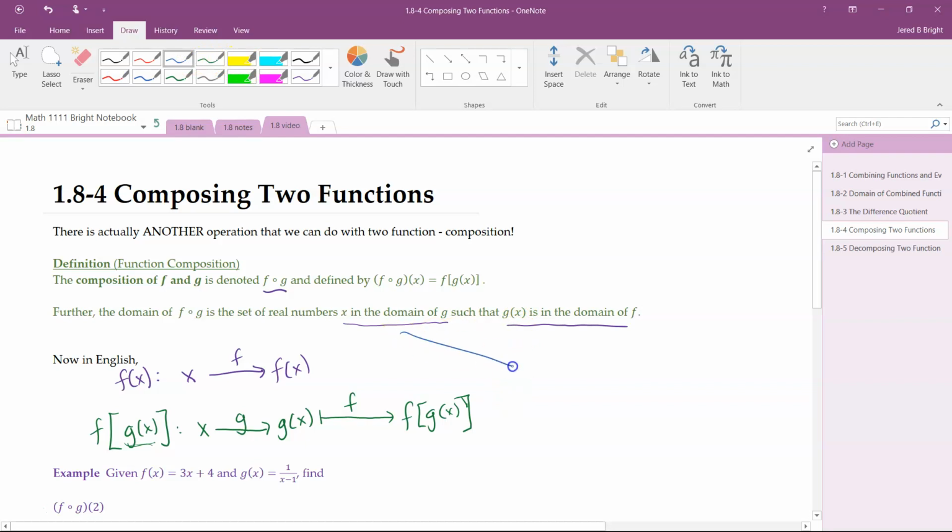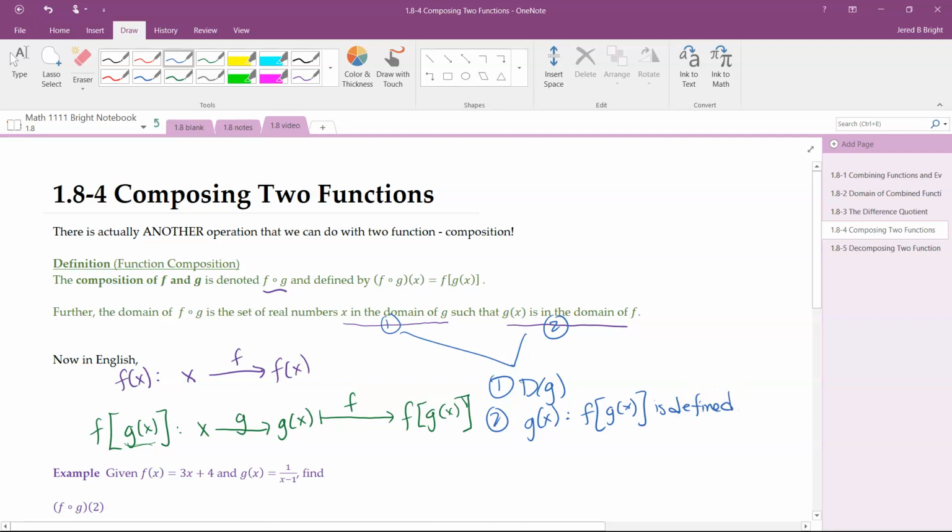There are two pieces we need to satisfy. First, we need to look at the domain of g. That's really the first thing. The second part says g of x needs to be in the domain of f. So we need to look at the values g of x such that f of g of x is defined.